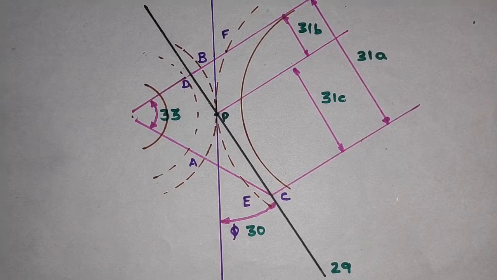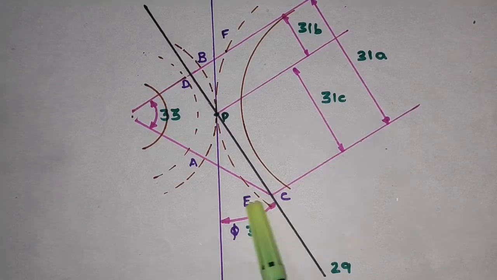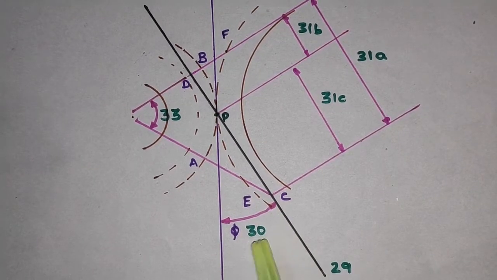For more power transmission and lesser pressure on the bearings, the pressure angle must be kept very small. Standard pressure angles are 20 to 25 degrees. Gears with 14.5 degree pressure angles have become almost obsolete now. So the optimum pressure angle for more power and lesser pressure on the gear teeth is between 20 and 25 degrees.